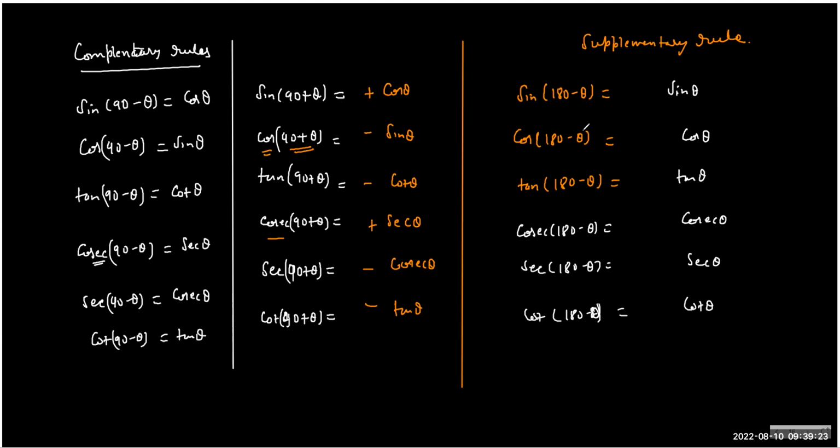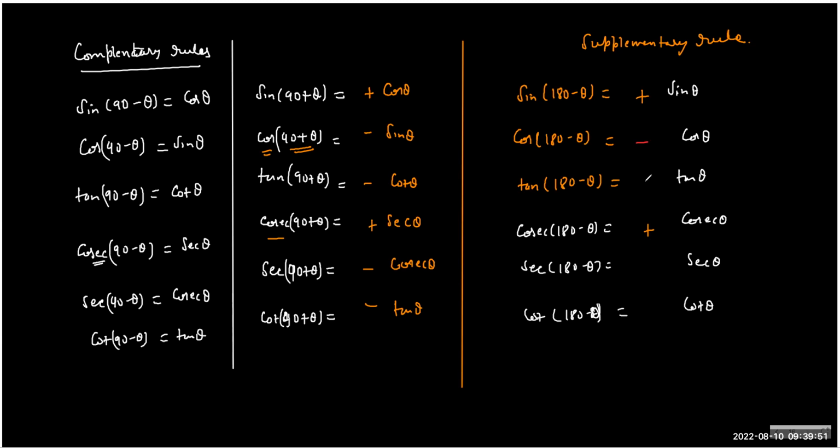Again, you know the quadrant rule. 180 minus theta: which quadrant does it represent? Can you guess? Second quadrant. So we think this way: 180 means you are on the left side and then you turn back a bit, so you are in the second quadrant. In the second quadrant, what are positive? Sine and cosec, and therefore everything else will be negative.